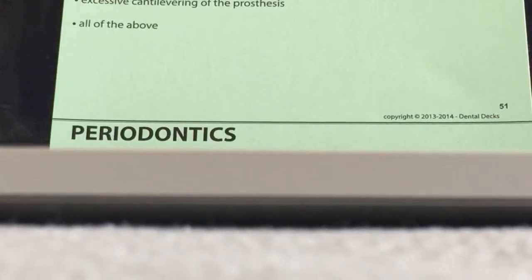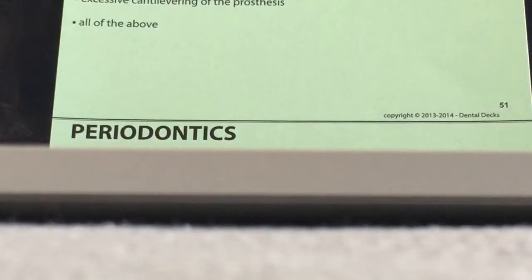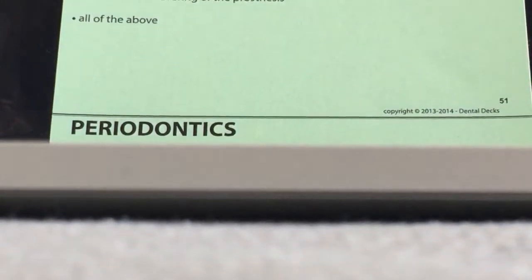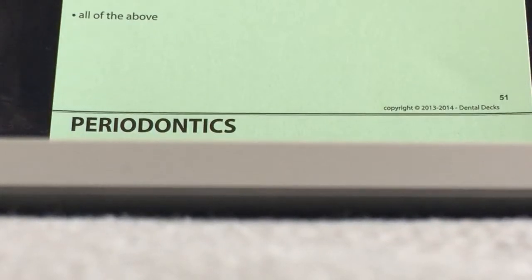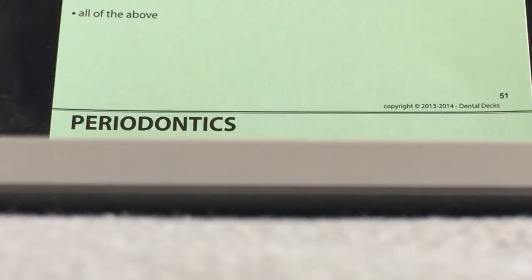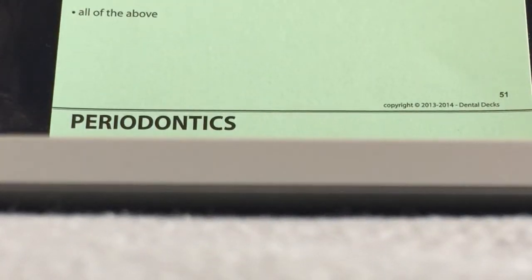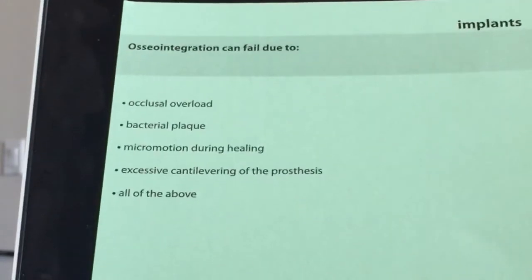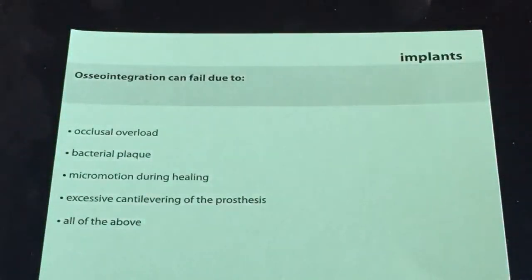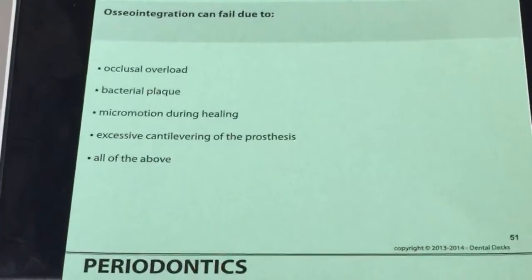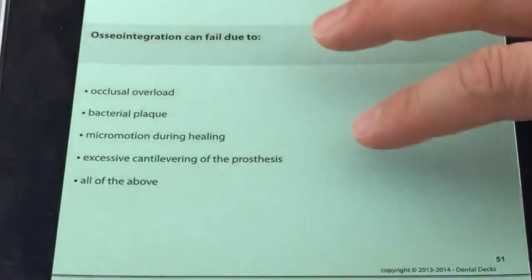Osseointegration can fail due to occlusal overload, bacterial plaque, micromotion during healing, excessive cantilevering of the prosthesis, or all of the above.